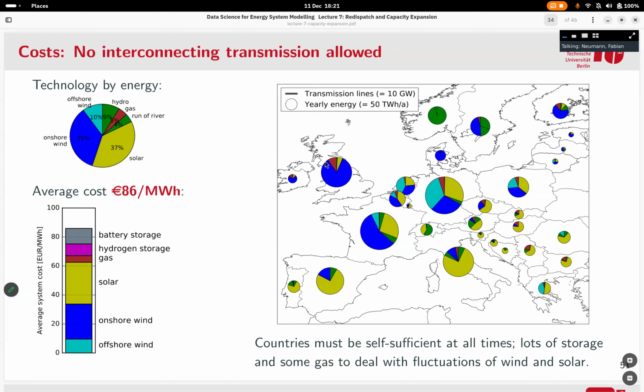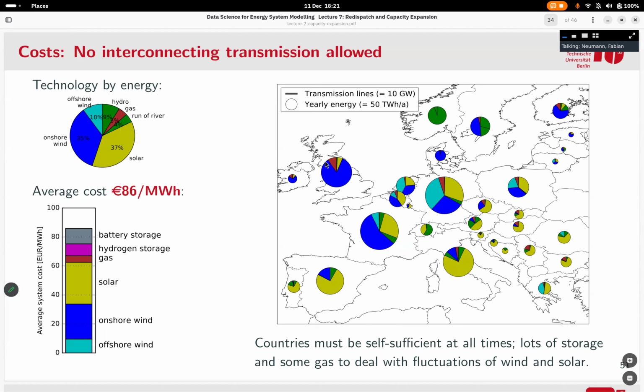Studies got more complicated over time, but here is basically a study that tries to calculate what the benefit of cooperation, of building transmission lines between the different regions in Europe, would be.